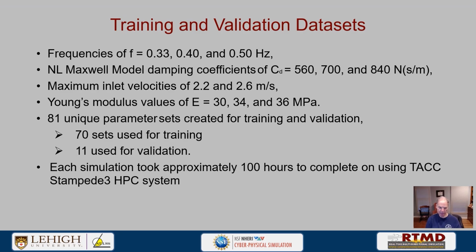We had 81 unique parameter sets created for training and validation, 70 for training, 11 for validation, and the remaining ones, for which I don't give a number here, but there were 6, we used for hybrid simulation. Now, one thing I want to emphasize, the wind loading is going to be around 20 to 30 seconds real time. Each simulation, that is, we ran this, not OpenSees, I have to correct myself, but this ALE code, on the TACC supercomputers. Tim Cockrell is the director there.